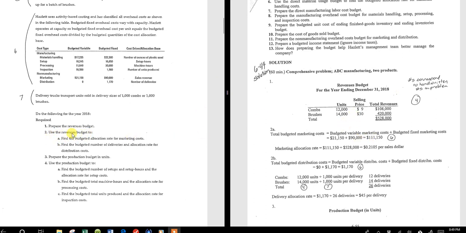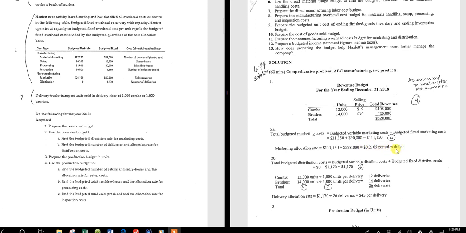So I'm going to use the revenues budget to find the budgeted allocation overhead rate for marketing costs. I really wish they would have said marketing costs are allocated based on revenues. But anyway, I have my marketing costs of $111,150. So my estimated overhead divided by my estimated base, which is revenues, will give us 21 cents, or 21.2105 per sales dollar.